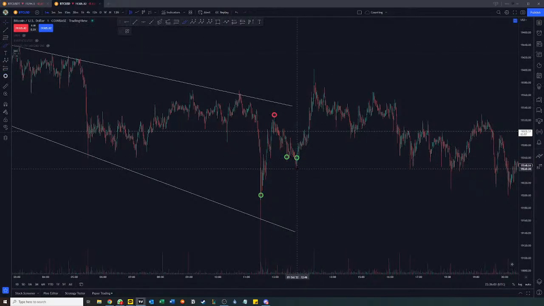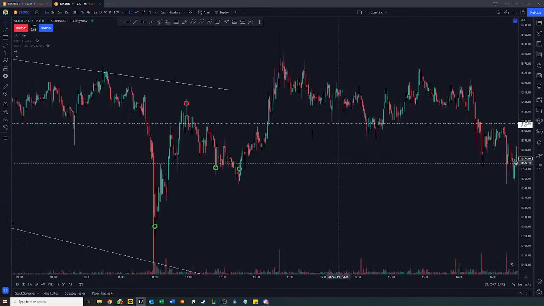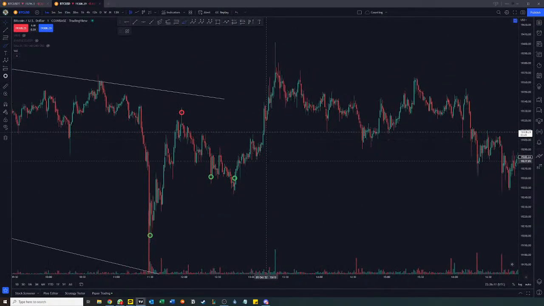And we see 1, 2, 1, 2. Hold on. Let me see. Okay. It's like this. 1, 2, 1, 2, 3, 4, 5. And then you see this trend break. So this counts as 1.